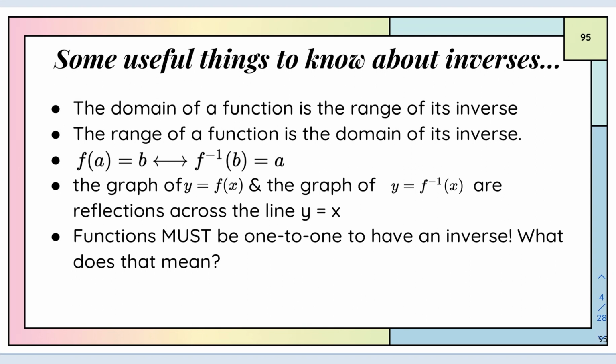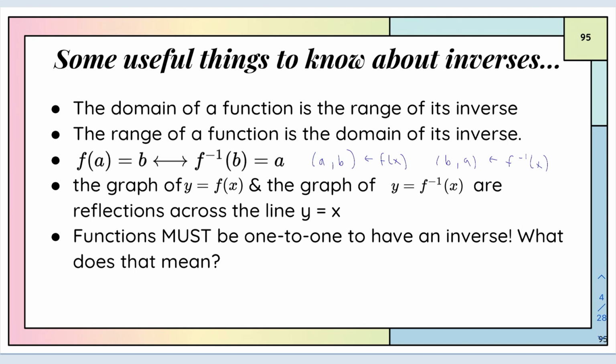It basically means if I have the point (a, b) on f of x, then I'm going to have the point (b, a) on f inverse of x. Right, so the domain and range switching is literally every single x-y pair flip-flopping. Visually, it looks like a reflection across the line y equals x.